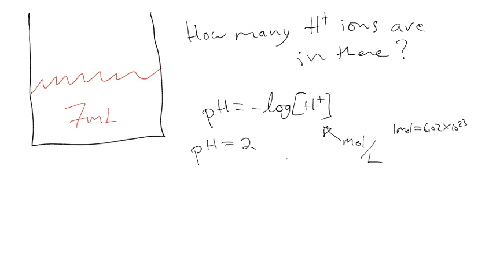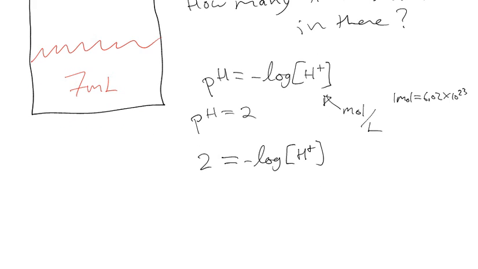So what we can do now is rearrange this equation so that we can figure out the H plus concentration. We have 2 is equal to minus log of H plus concentration. Multiply both sides by minus 1, so we have minus 2 is equal to log of H plus concentration.